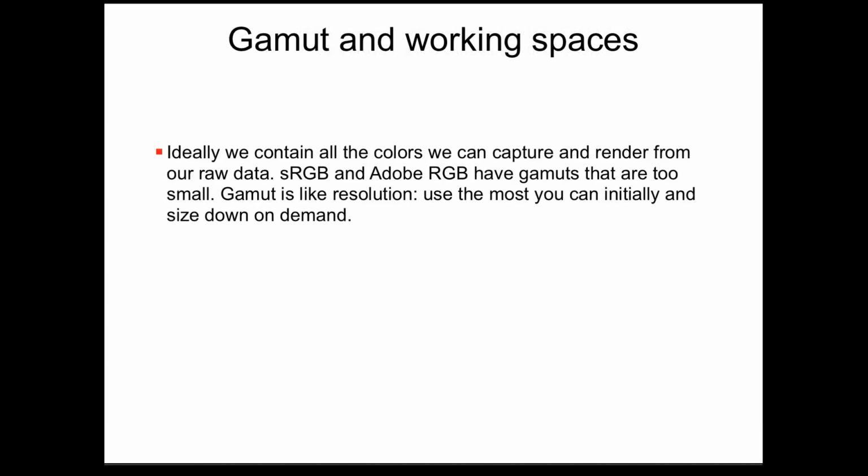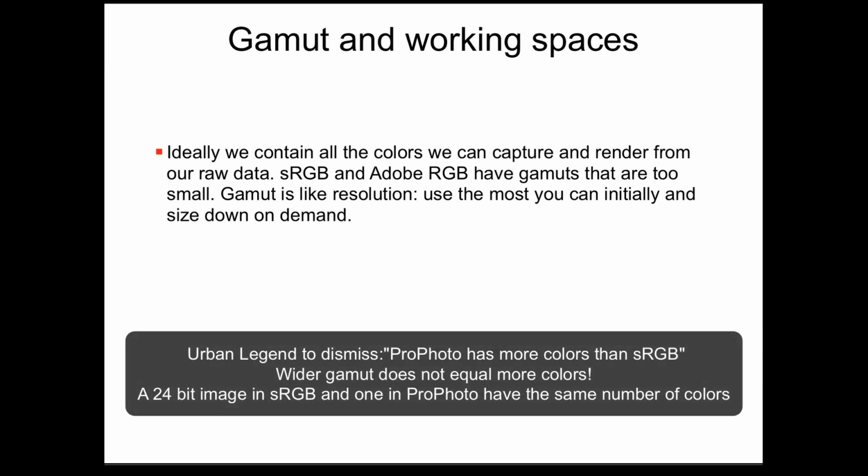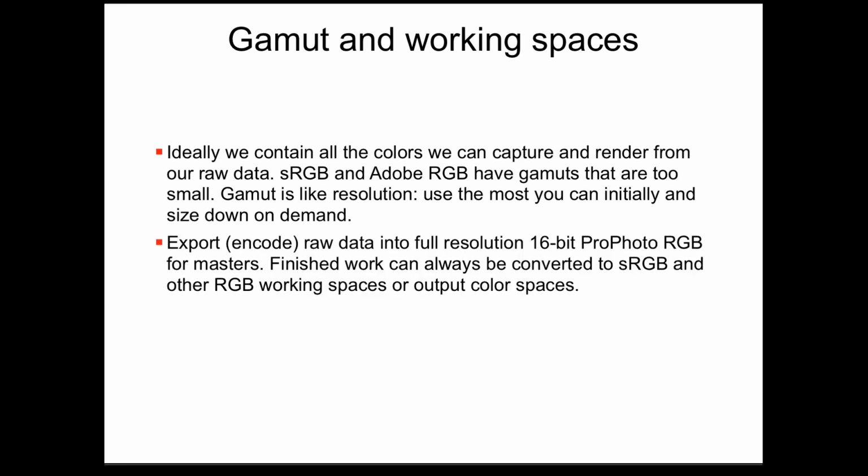In terms of gamut and working spaces, ideally what we want to do is capture all the colors we possibly can from our digital capture device, and then archive that and use that down the line. Now, if we're shooting raw data, that's possible. So think about gamut like resolution. You want as much as you can possibly get. You want to export that raw data in full resolution ProPhoto 16-bit for your masters.